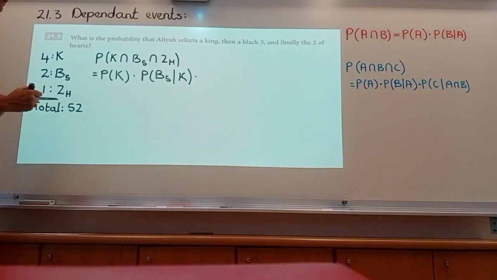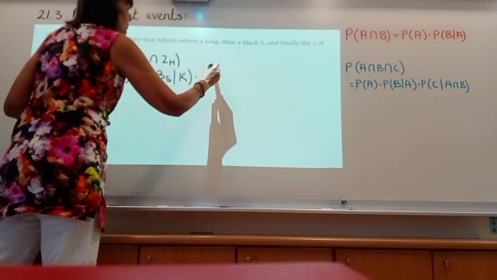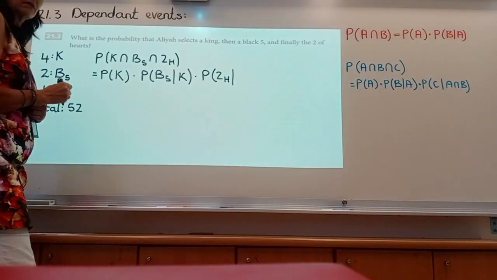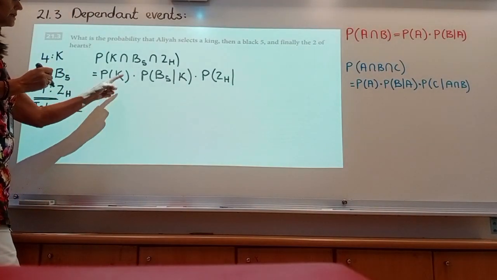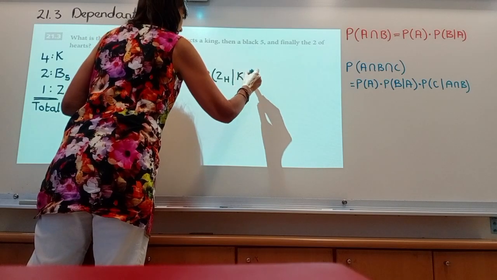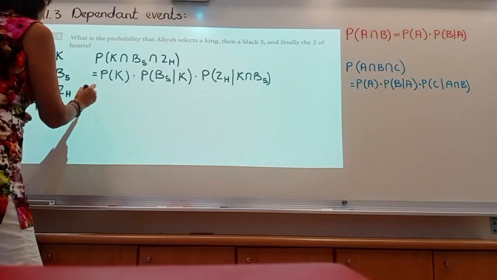Then multiply, I want to get the probability, third round, 2 of hearts, given that a king and a black 5 were in the first 2 rounds.